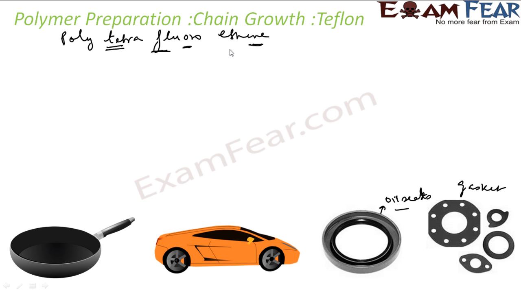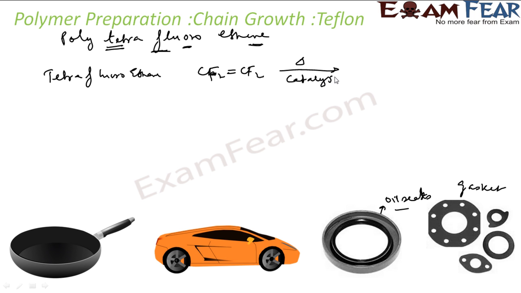And this is manufactured by heating tetrafluoroethene, that is CF2 double bond CF2. When you heat this tetrafluoroethene in the presence of a catalyst at high pressure, you get Teflon. The reaction is similar to the polythene reaction.